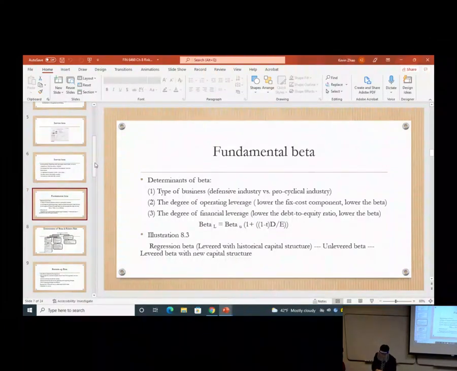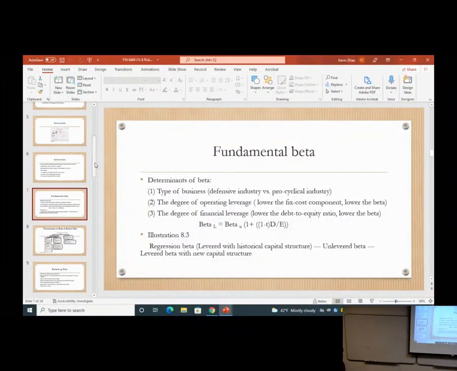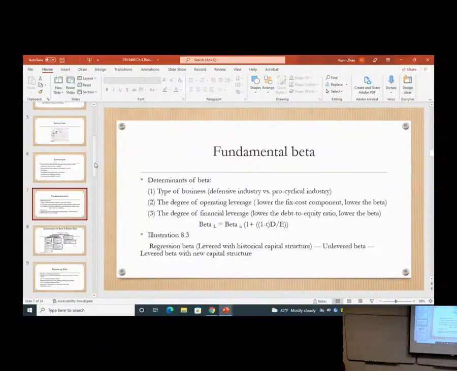The second one is fixed costs versus variable costs. If a company has a high percentage of cost fixed, then it's more risky. So the application here is, okay, you get this beta from the last 5 years. During the last 5 years, the company had a high percentage of cost fixed, but right now they are doing outsourcing, and they are lowering the percentage of fixed cost, or lowering the operating leverage.